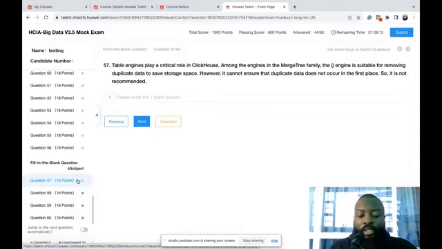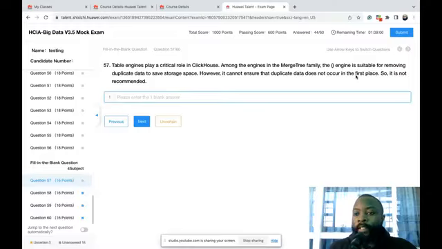Among the engines in the merge family, which is suitable? That should be the engine that is in charge of removing duplicates. It's called the ReplacingMergeTree.